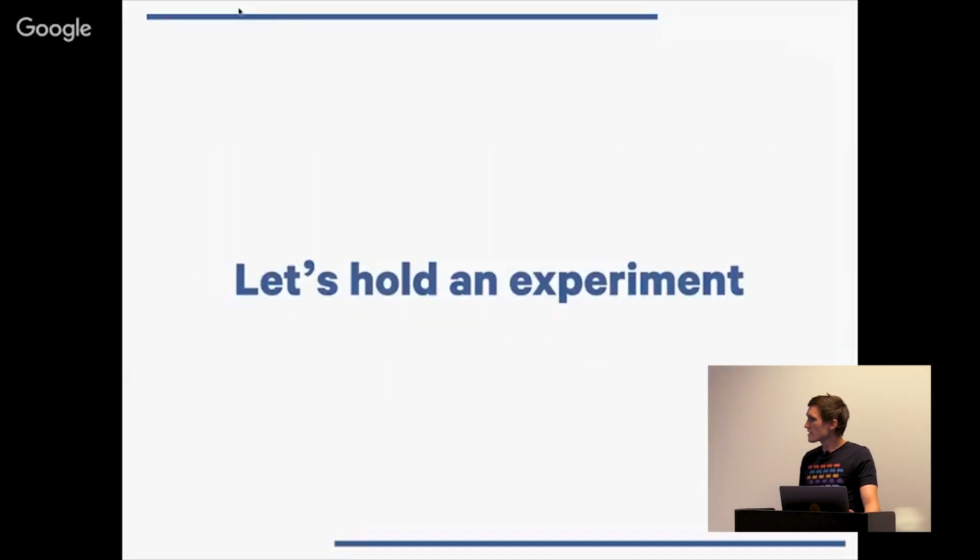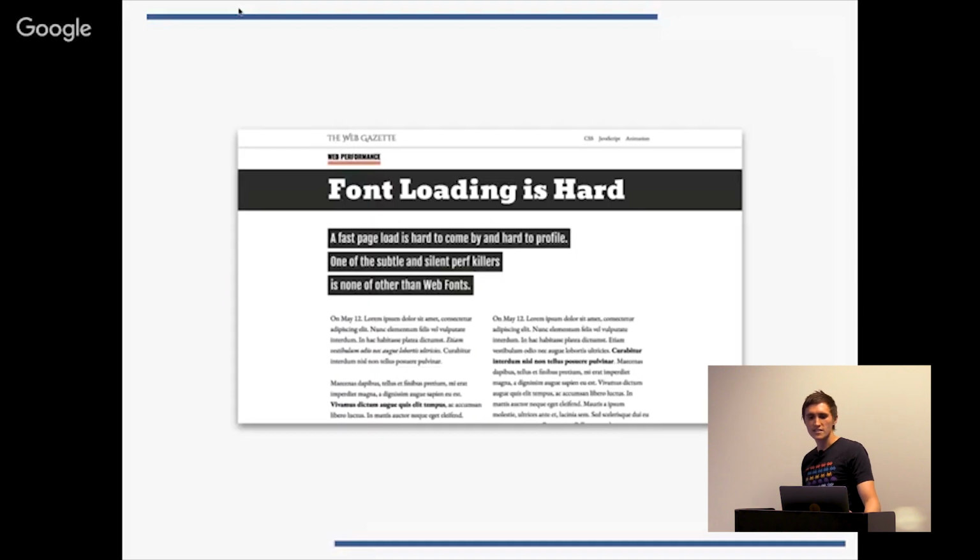So let's kind of figure this out. Let's hold an experiment. So I created this site. While I love web fonts, and it is one of my strange passions, another strange passion of mine are news sites, because news sites are very interesting. As the web grows and grows, content grows, and that's what we really want.